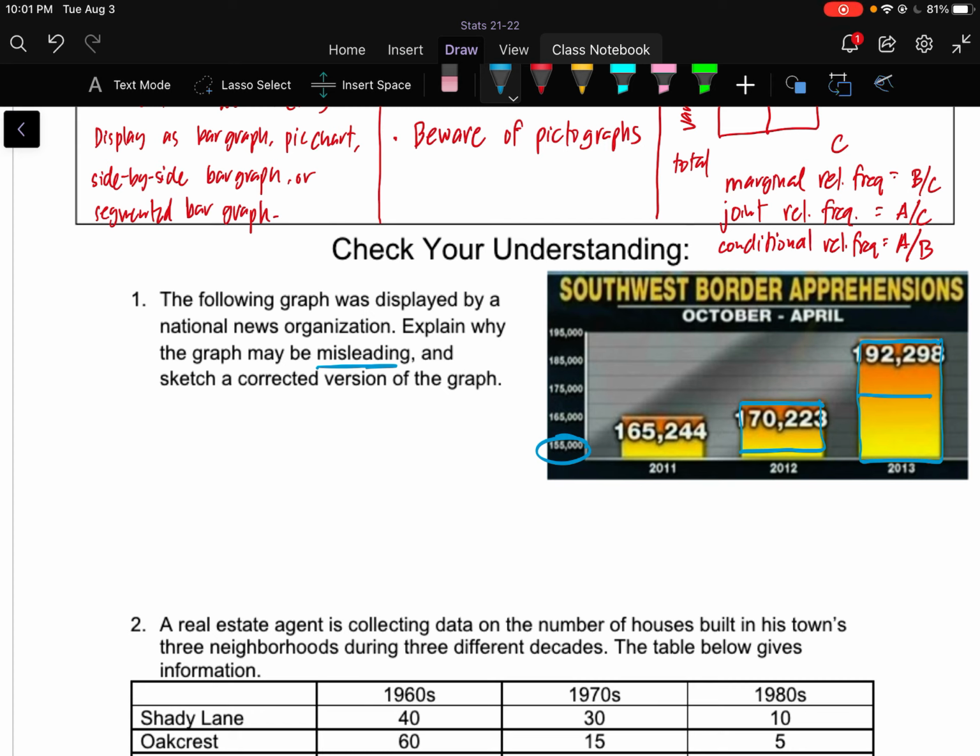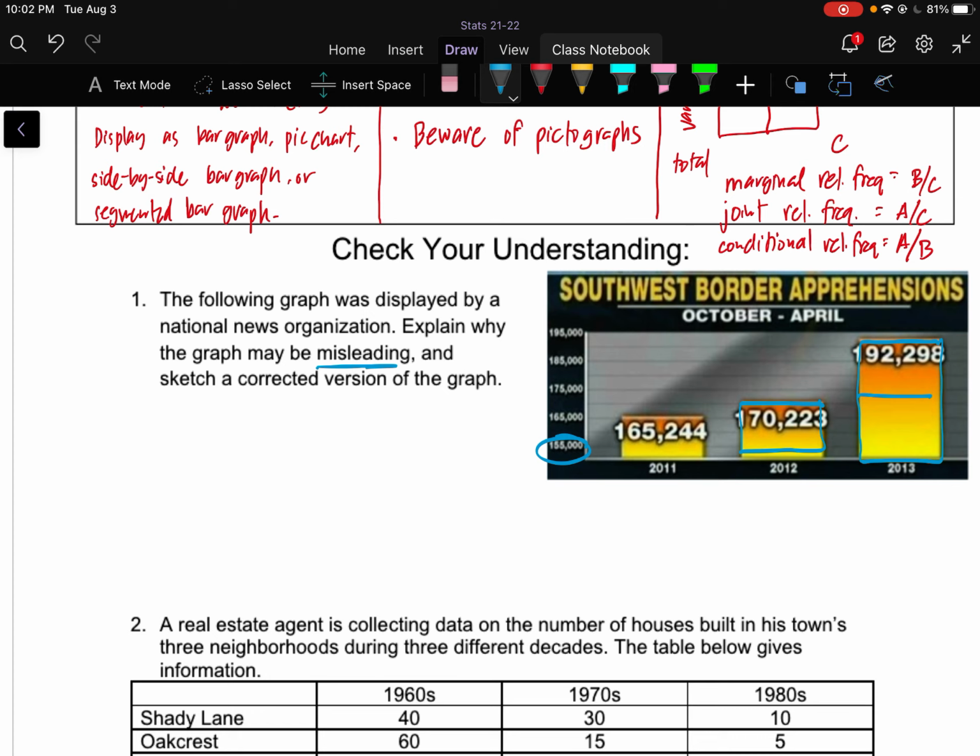But when we look at the numbers, we know that 192,000 is not twice as big as 170,000, but the way the bars are drawn, it gives that perspective, right? That's not the word I'm looking for. I can't think of the word, but I'll hopefully think of it later.